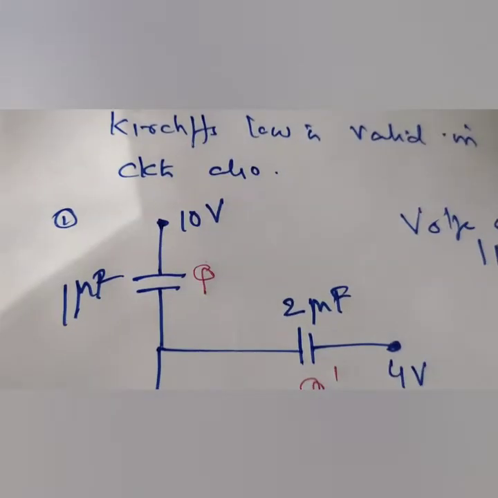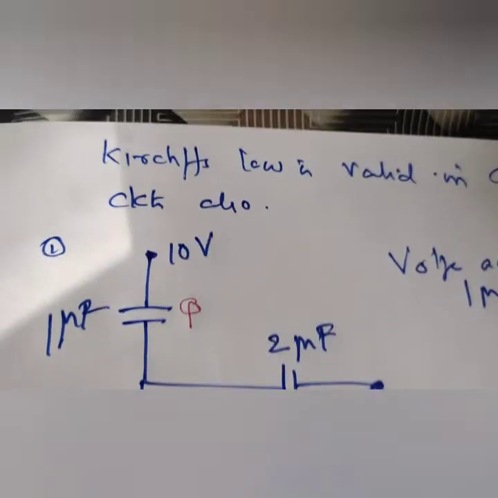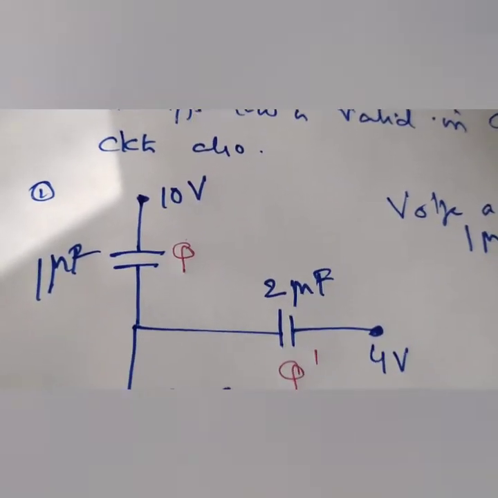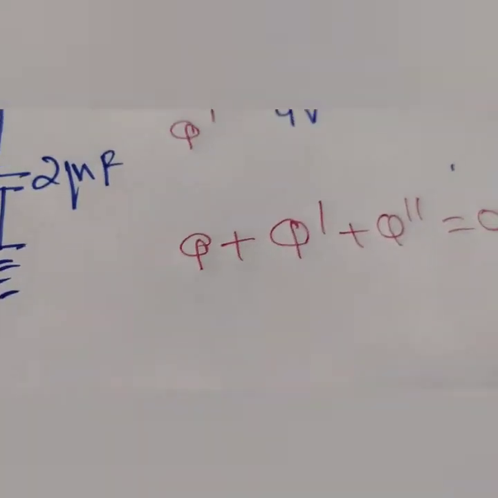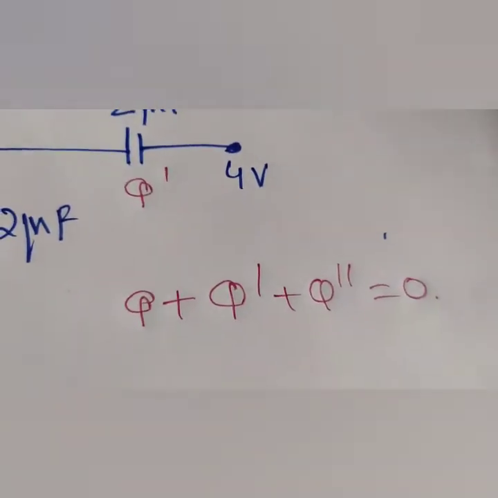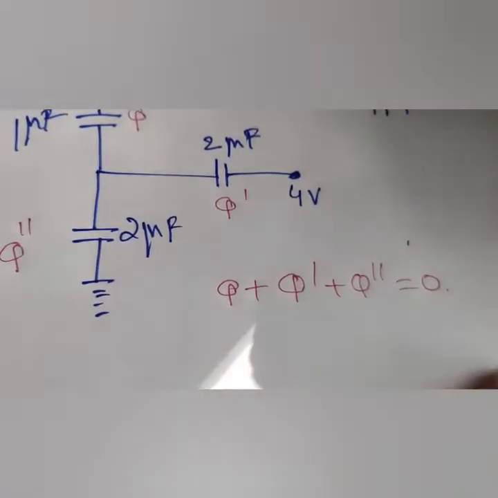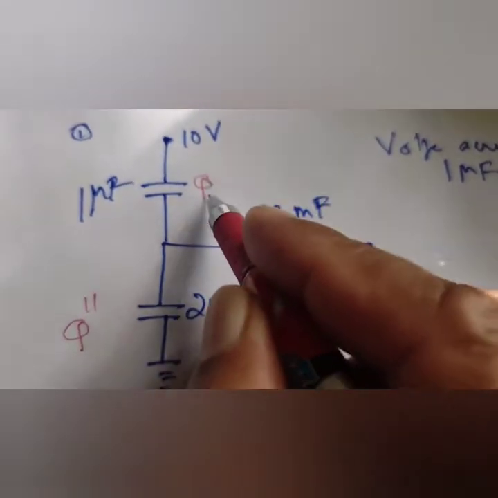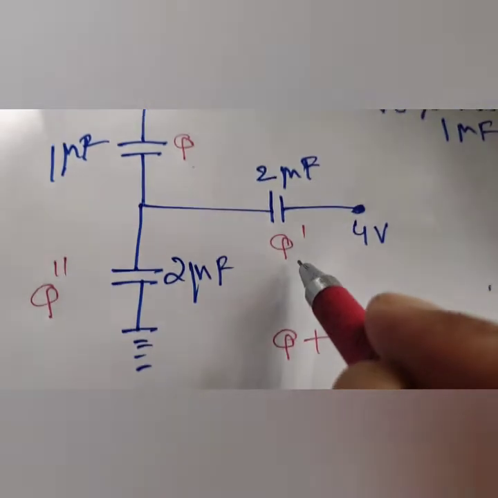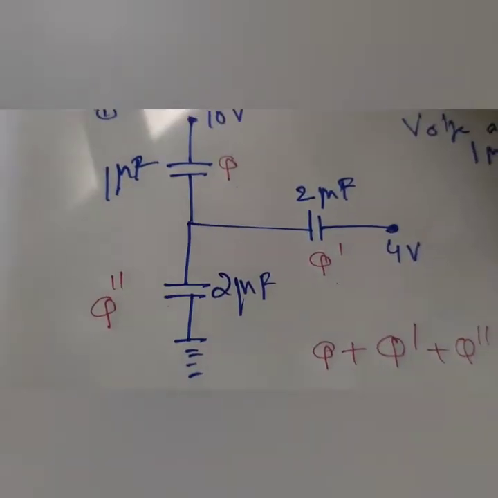Then Q plus Q dash plus Q double dash is equal to 0. Q is the charge across this capacitor, this is the charge across this capacitor and this is the charge across this capacitor.